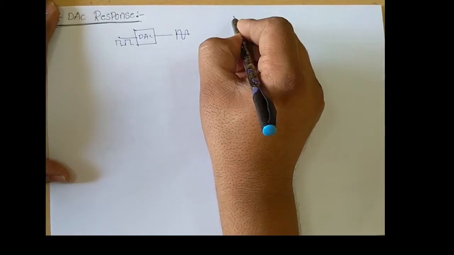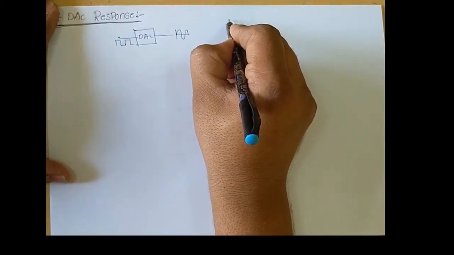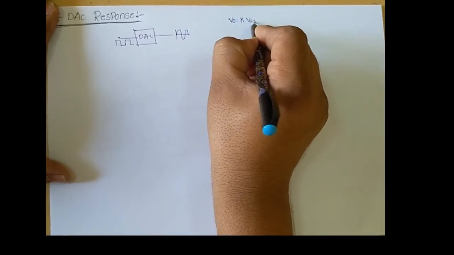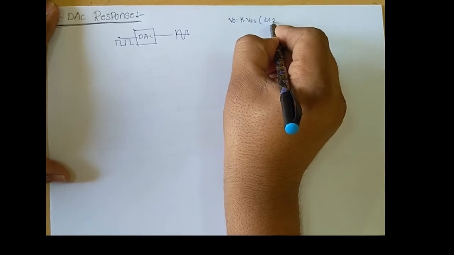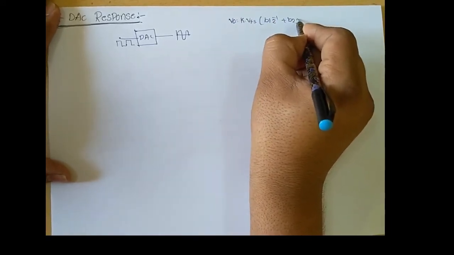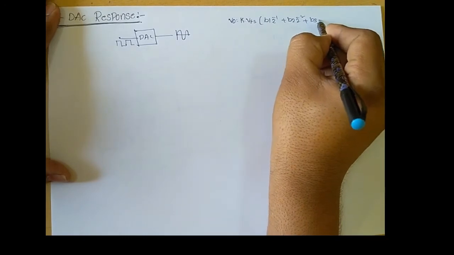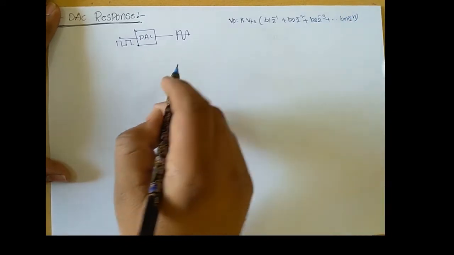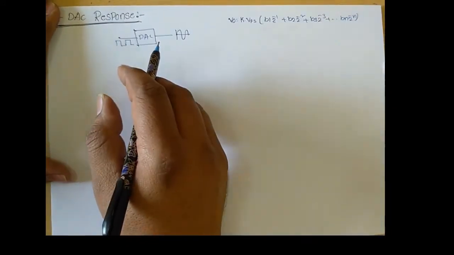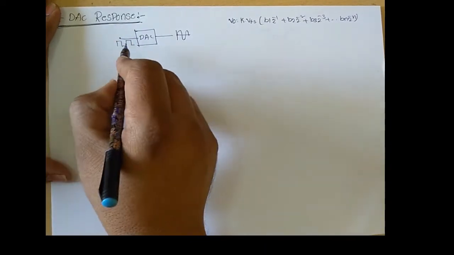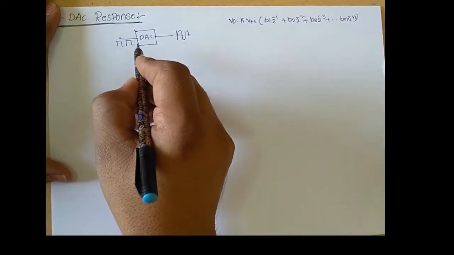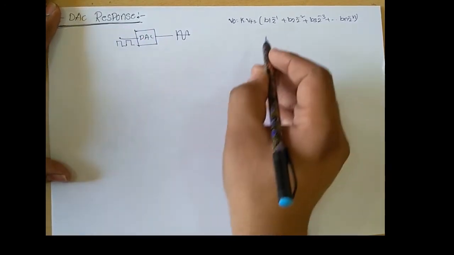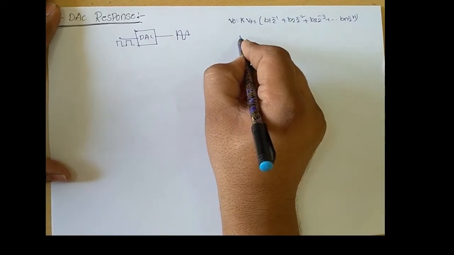We know that the output voltage expression of this digital to analog converter is V0 equal to K into reference voltage or full scale voltage into B1 into 2 power minus 1 plus B2 into 2 power minus 2 plus B3 into 2 power minus 3 and so on, Bn into 2 power minus n. Here we want to discuss the DAC response. It means that with respect to this input and output, we draw the waveform, and that response is called the DAC response. Here we consider the digital bit word to be 3 bits.